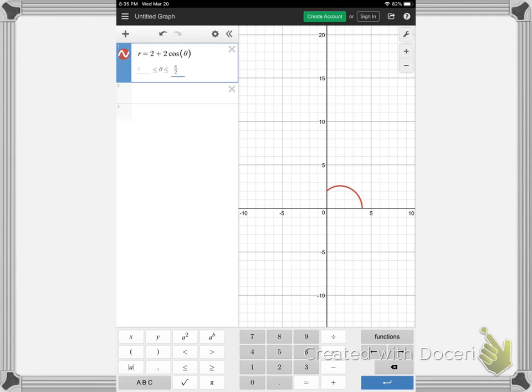You're going to have to think about your range in terms of theta. Do you want to find the area under the curve just from 0 to pi over 2? Or do you want to find the area under the curve from 0 to pi?